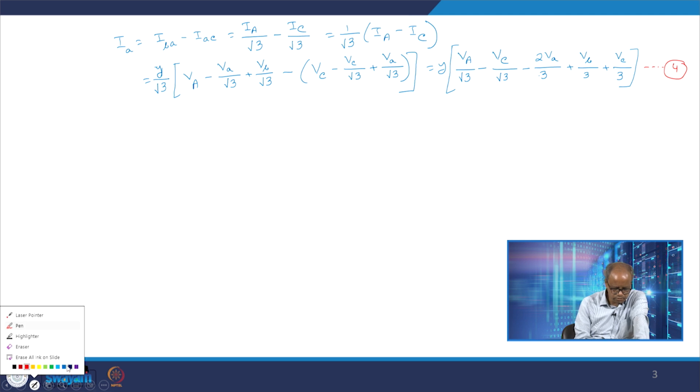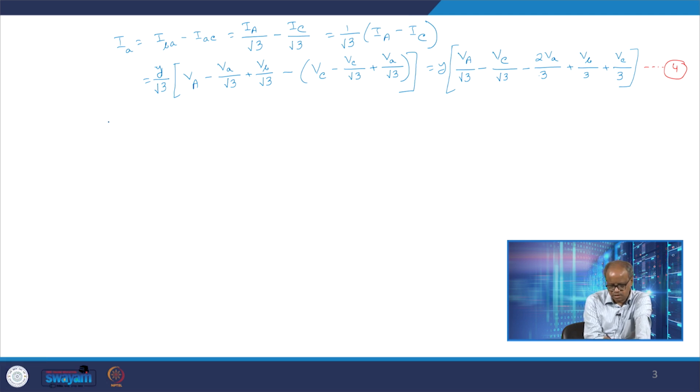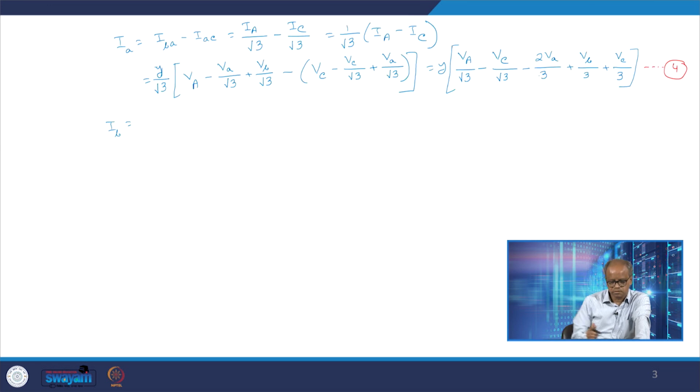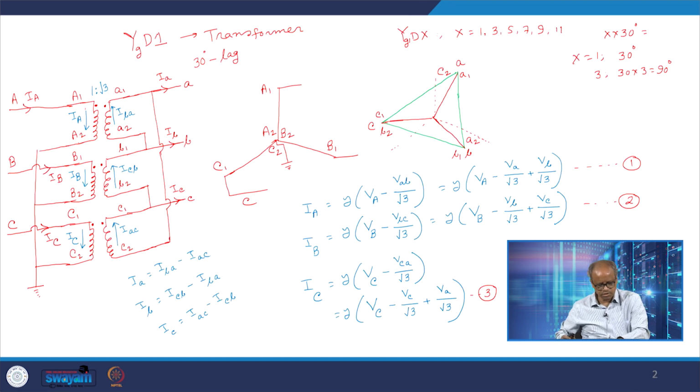Now continuing with this, I can say that IB is equal to ICB minus IBA. Now ICB is IB by root 3 and IBA is IA by root 3.